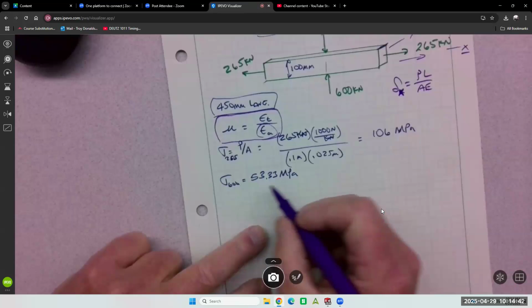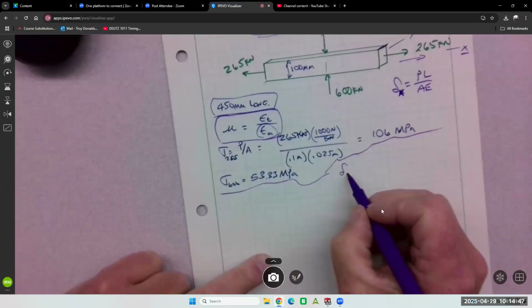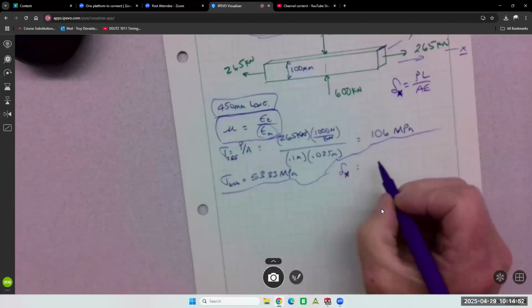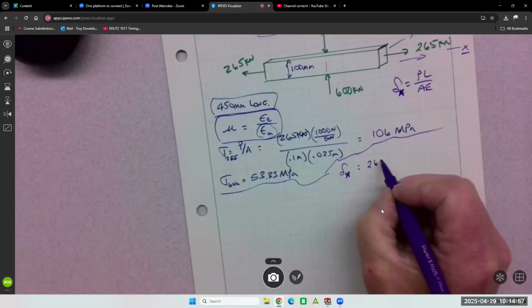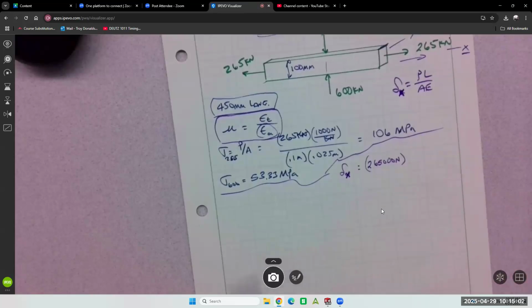I'm trying to make some space here. How much is the load? I'm going to put in 265,000 newtons, over A E, times L. What's our length? 450.